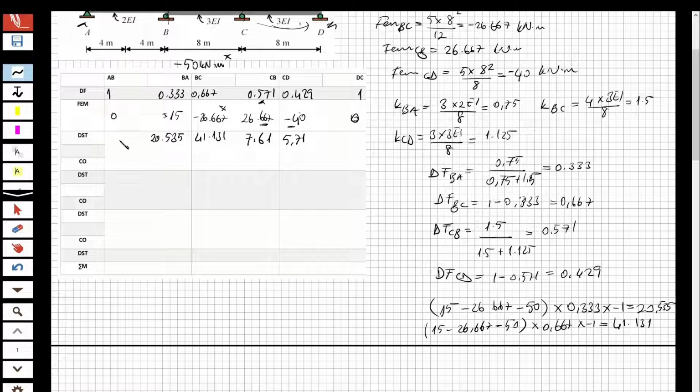And then I cannot make any carryover to this side. I cannot make also any carryover to this side, okay? And we are just going to make carryovers between these two moments. So this is going to be 3.81. This will take the half of this here, 20.565.